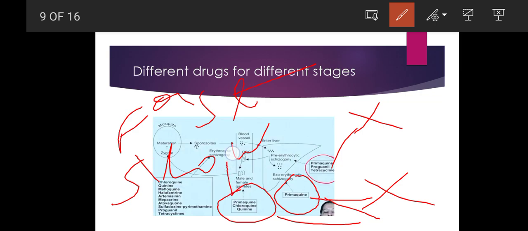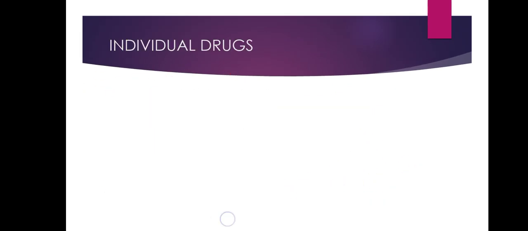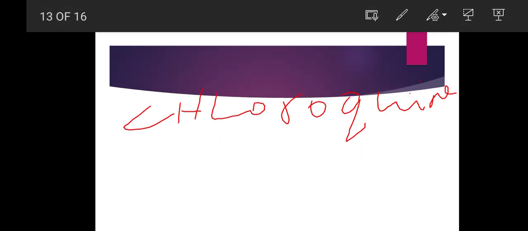Yes, we have chloroquine in the gametocytic phase, and we also have chloroquine in the erythrocytic phase. So chloroquine will act both at the erythrocytic phase and the gametogony phase. So that is where chloroquine will act.